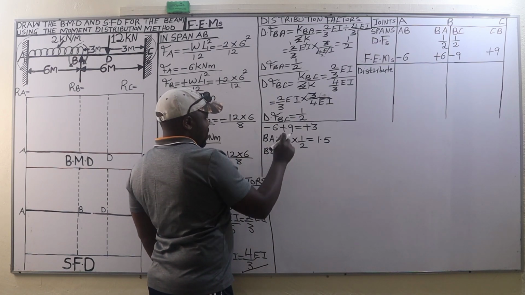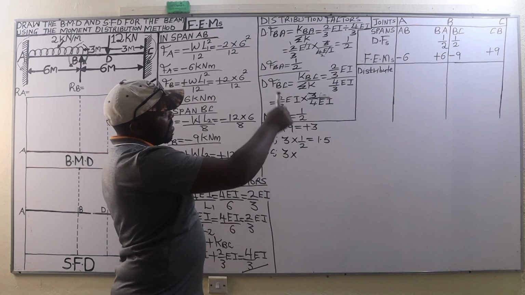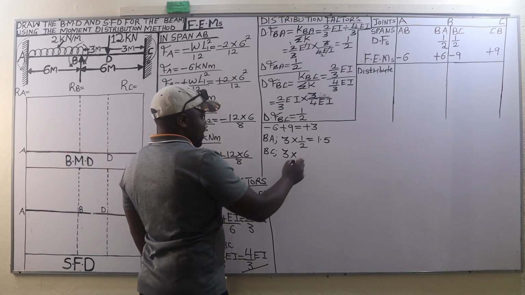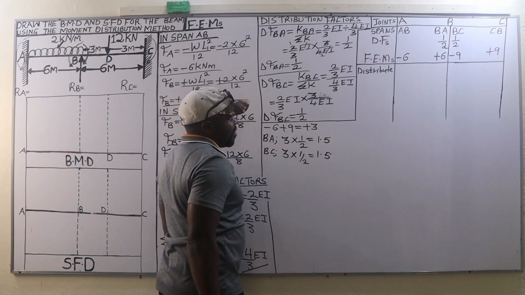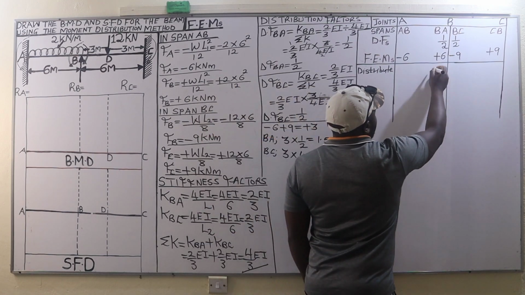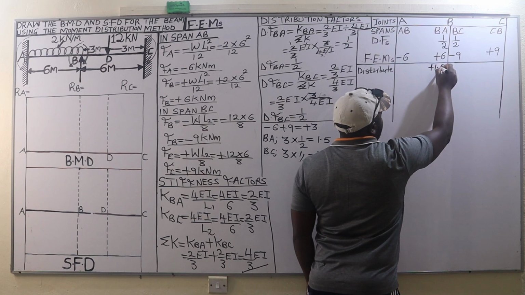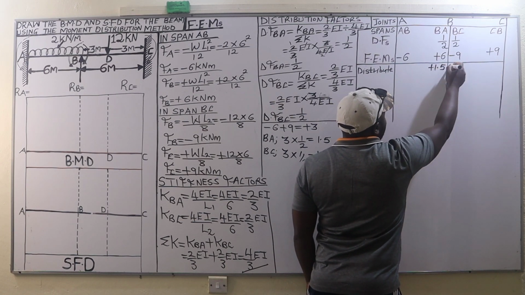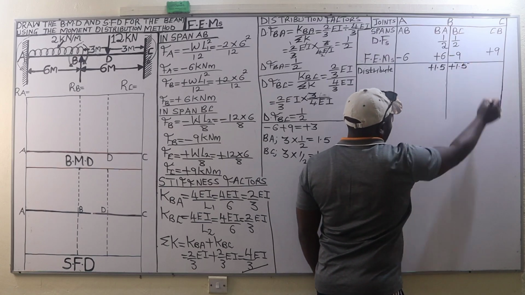We are going to distribute this excess moment with the distribution factor on the member BC, which is a half as well, and that's also going to be 1.5 kilonewton meter. Therefore, here we have positive 1.5 kilonewton meter, and on the member BC, we also have 1.5 kilonewton meter.